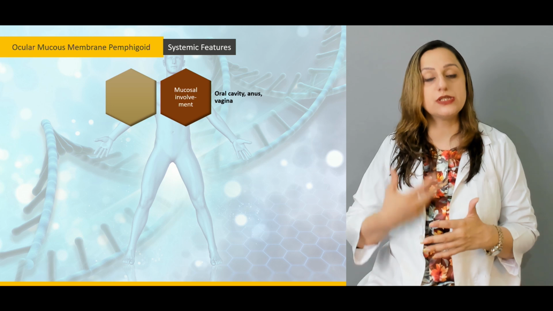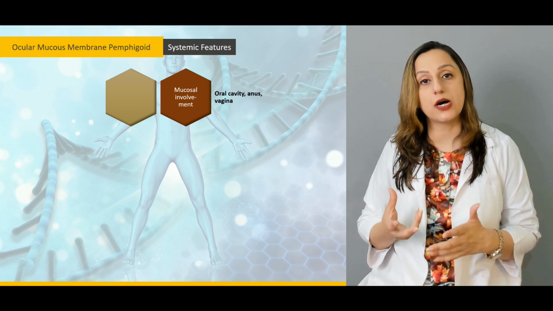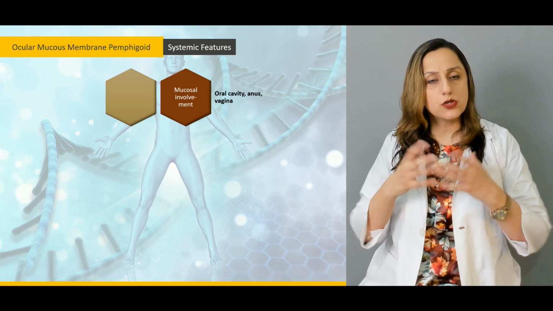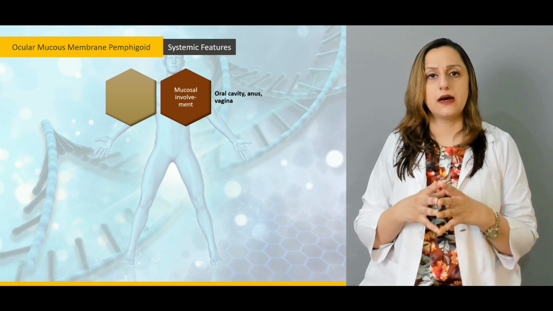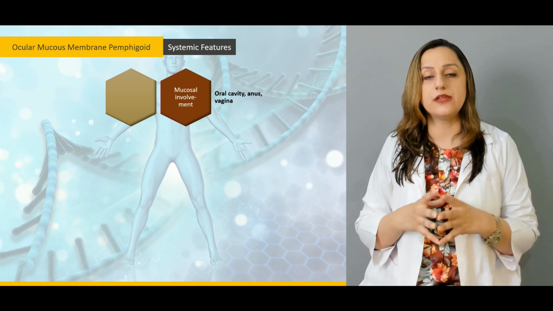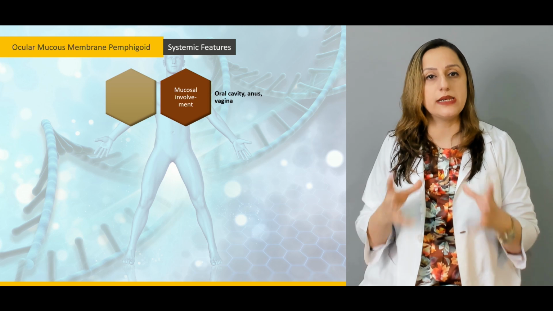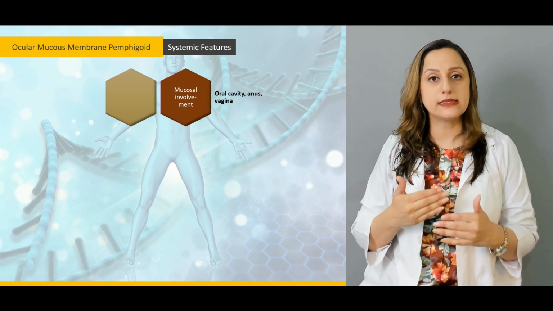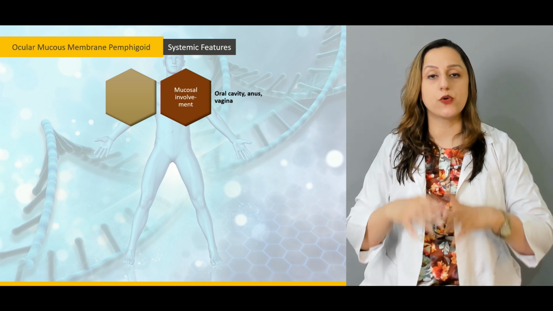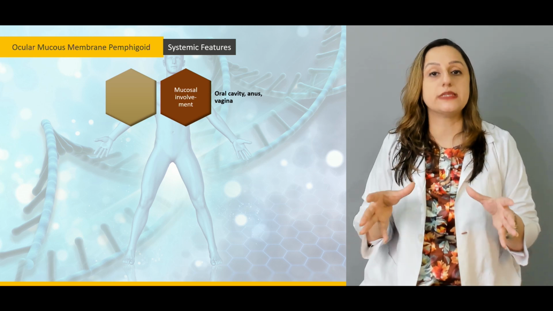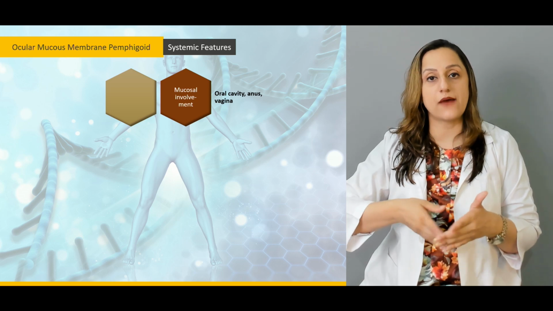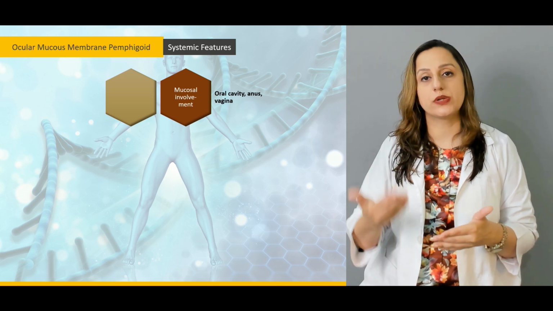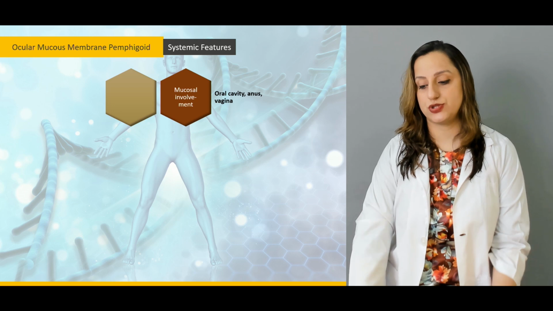The anal region and the vaginal mucosa would also be involved. They would also suffer from inflammatory conditions. There would be redness, swelling, and features of irritation at all of these mucosal levels, whether it is the oral cavity, the vagina, or the anal region of the patient.